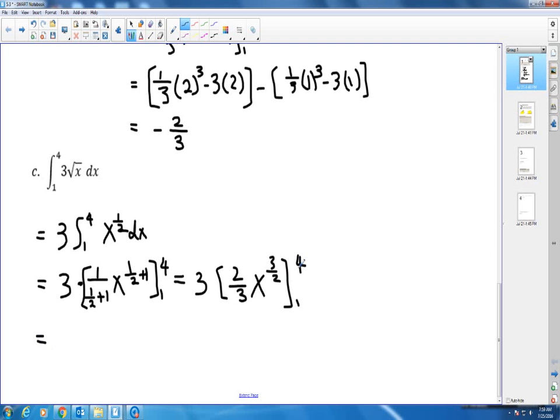Alright, so I'm going to substitute 4 into this for x. So that will be 3, this 3 times 2/3 times 4 to the 3/2 power.